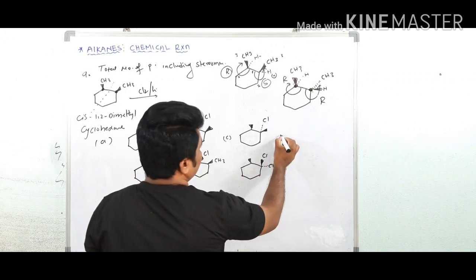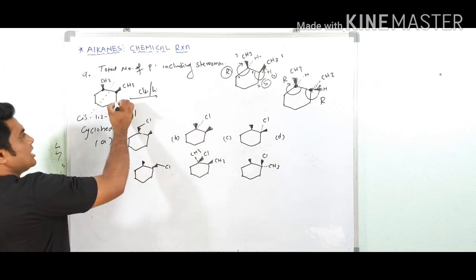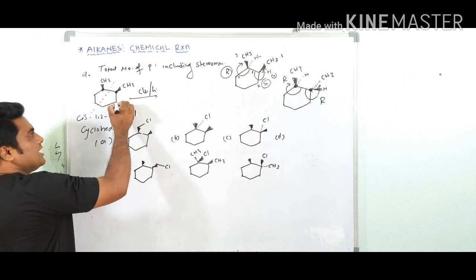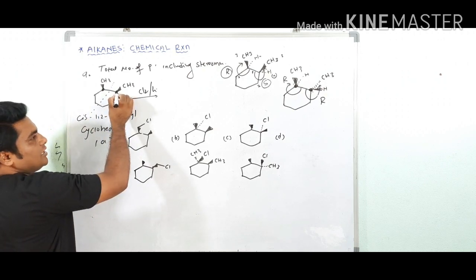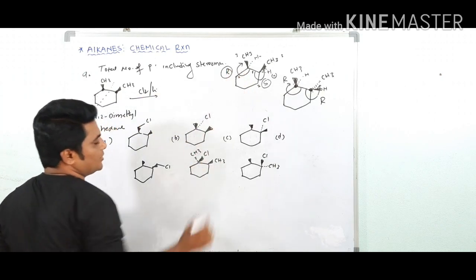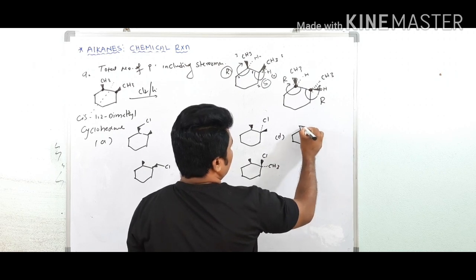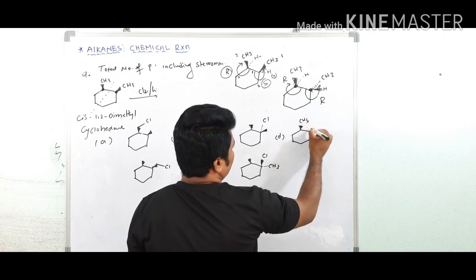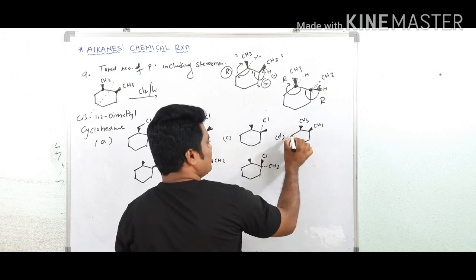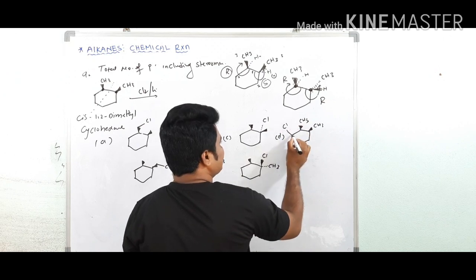Now see here D. In the D what you are getting? This carbon atom is also different, because adjacent to this carbon atom an S carbon atom is there, adjacent to this carbon atom R stereochemistry is there. It means in the D, see here CH3. If you do the stereochemistry here, this is a chiral center.